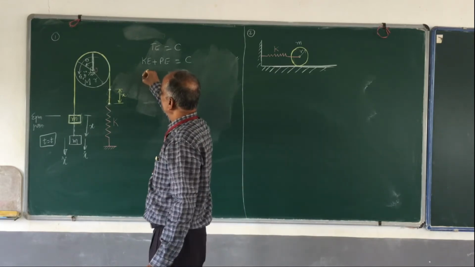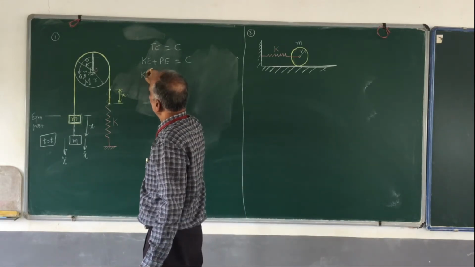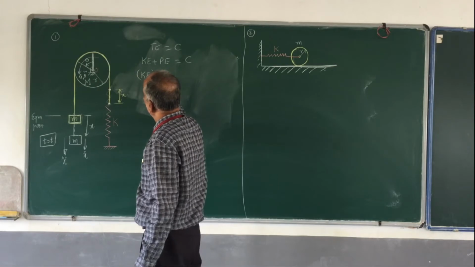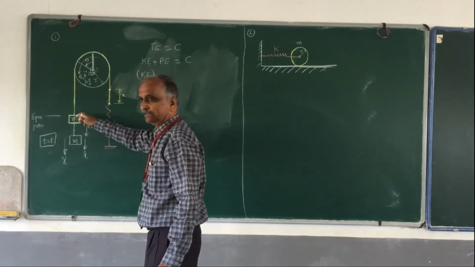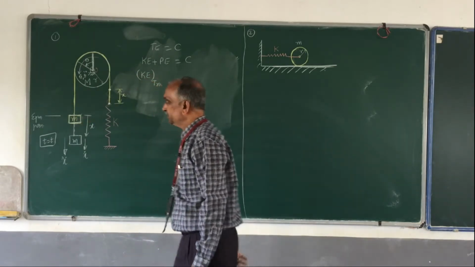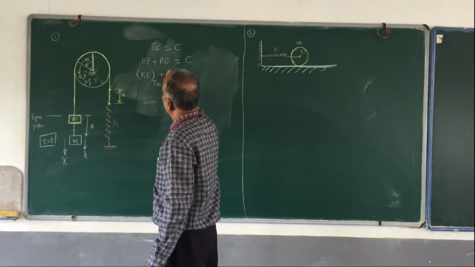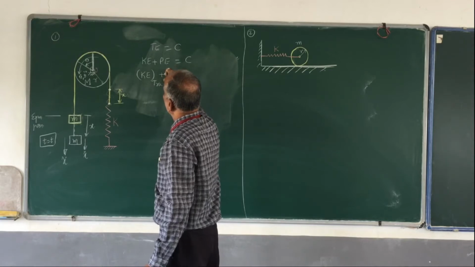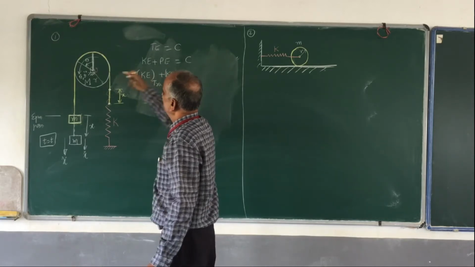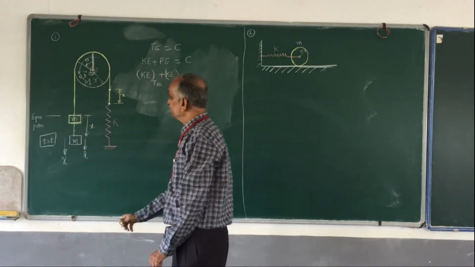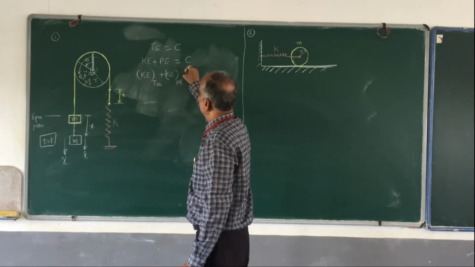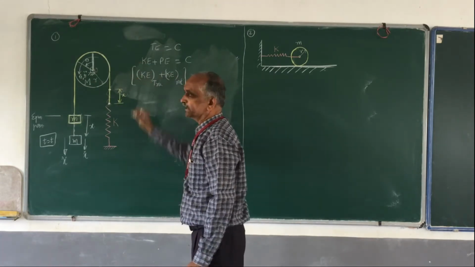And what is kinetic energy in general? Kinetic energy because of translation. Do you have anything translating? Yes, this mass is translating, moving along a straight line. Then you have kinetic energy because of rotation. Yes, I have it. Rotation also is there. This is the total kinetic energy.